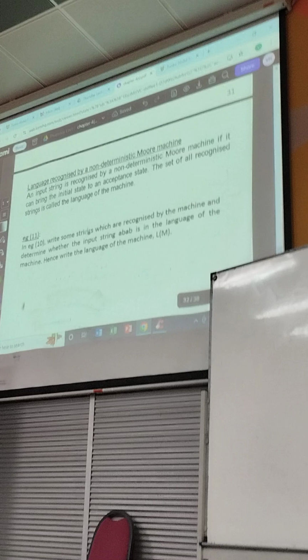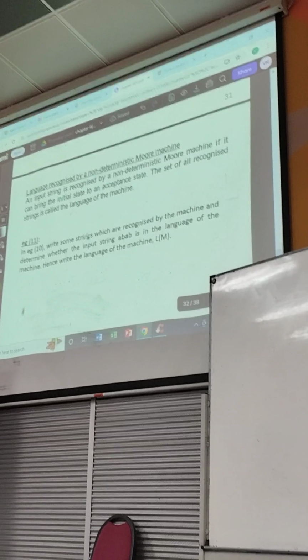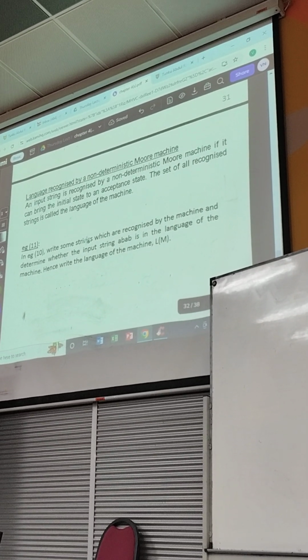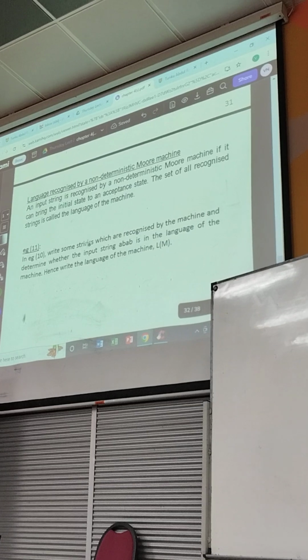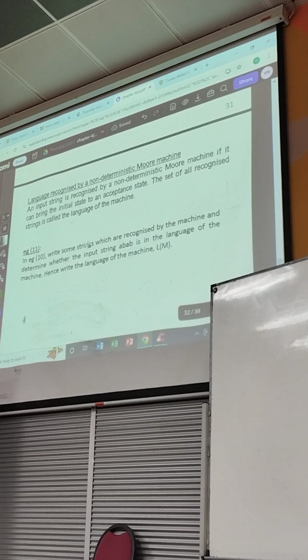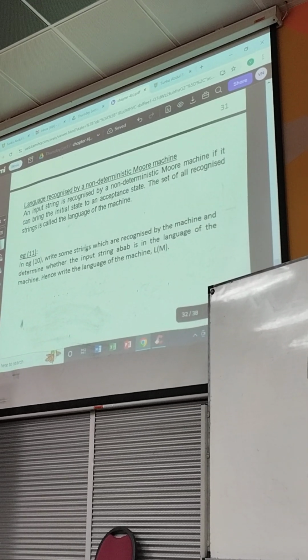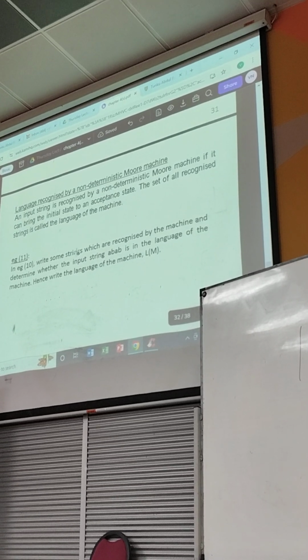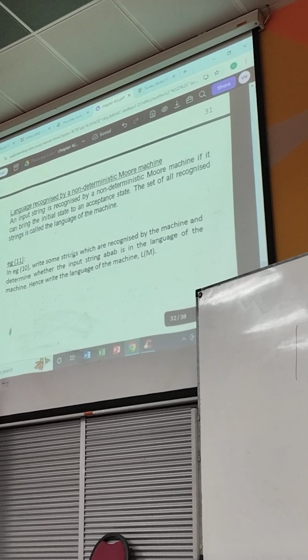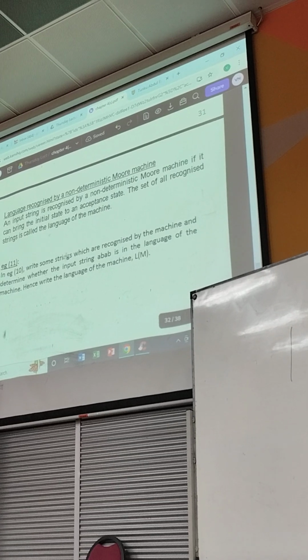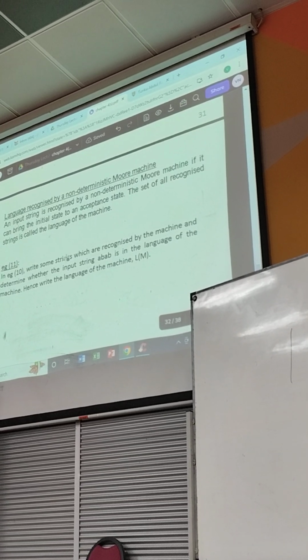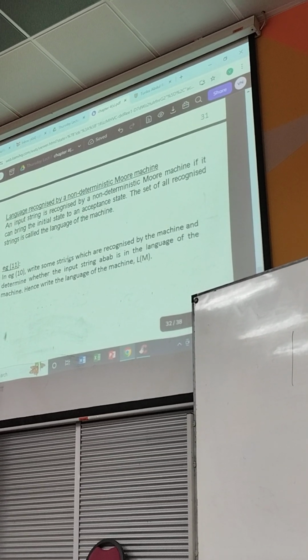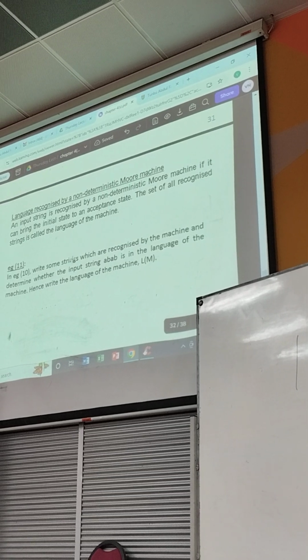So now we want to know what is the language that will be recognized by this non-deterministic finite state machine. So it is the same also where you need to find the string that will start from S0, the starting state, until the acceptance state. Sometimes because there are many different inputs for each state, it can be a very complicated non-deterministic finite state machine.